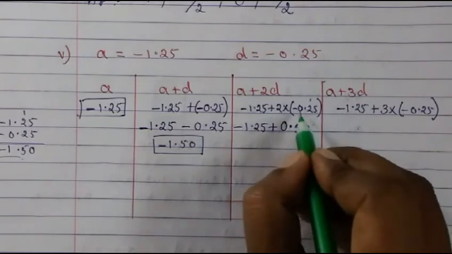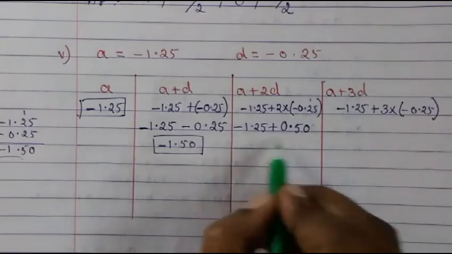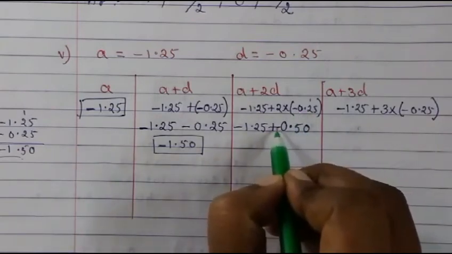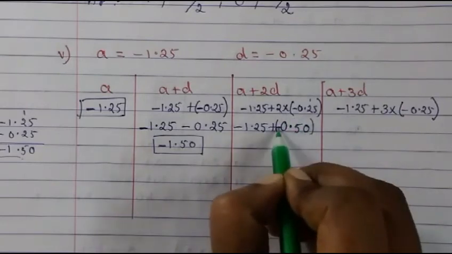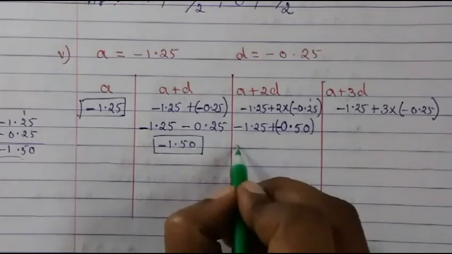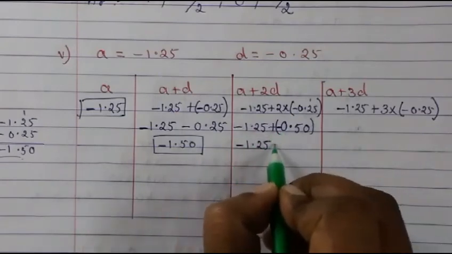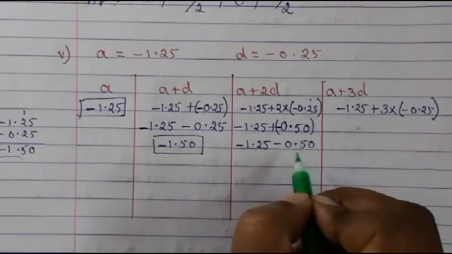I told you any number when you multiply with 0 it becomes 0. So now what we will get, and this is minus is there, so it will become minus, plus into, let me write down in bracket. So minus is there because minus is there. So we have minus 1.25 plus into minus 0.50.